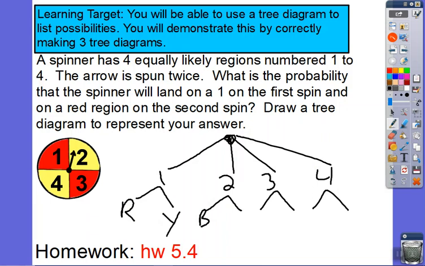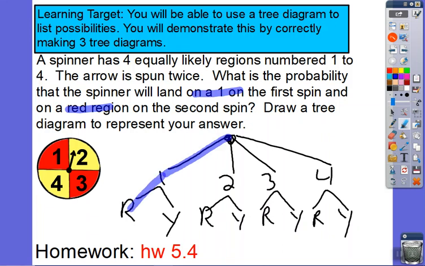Red or yellow, red or yellow, red or yellow. So what's the probability of spinning a 1 on the first and a red on the second? So I want to go to the 1 and then to the red. That is only 1 path out of how many paths? 1, 2, 3, 4, 5, 6, 7, 8. 1 path out of the 8.